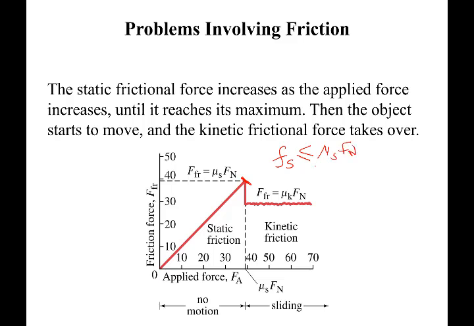When it reaches its maximum value, it becomes equal to mu s Fn, but to reach that maximum value, you have to keep on increasing the applied force. And f k, the force of friction when it is moving, is given by mu k Fn. Kinetic friction represents this because the object is now moving already.